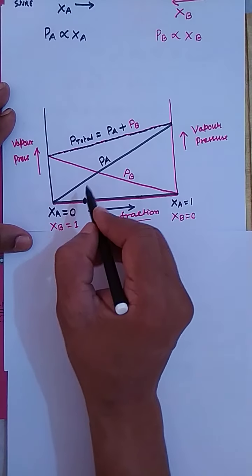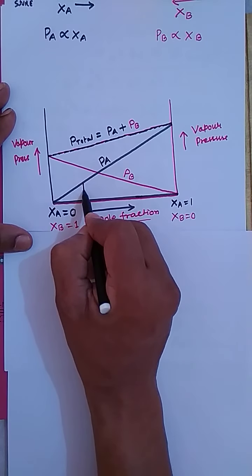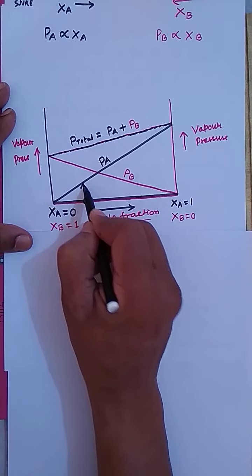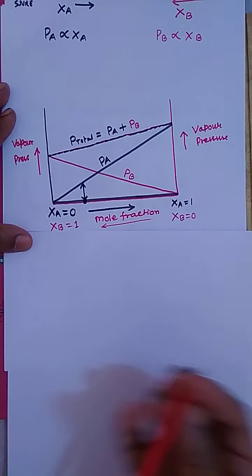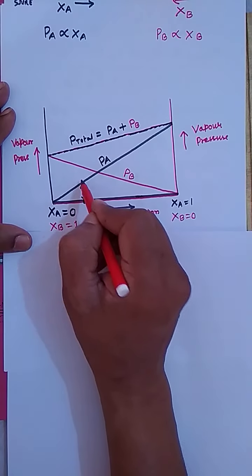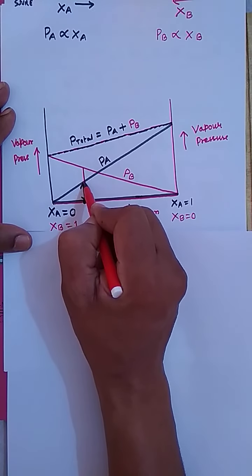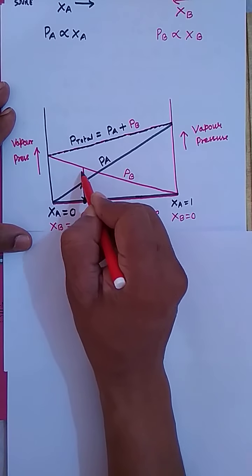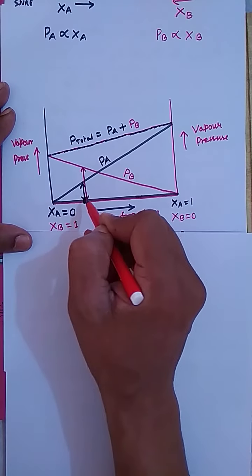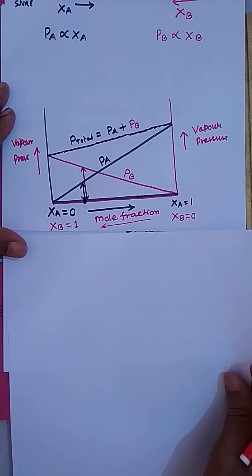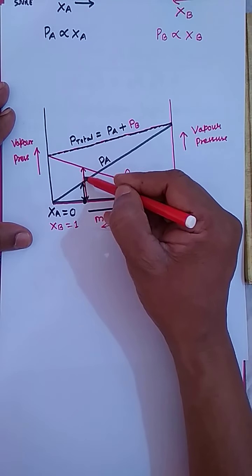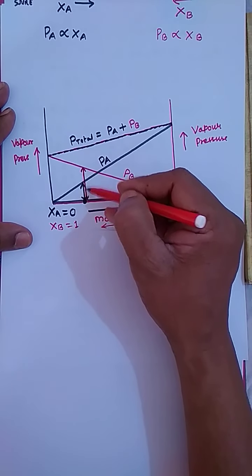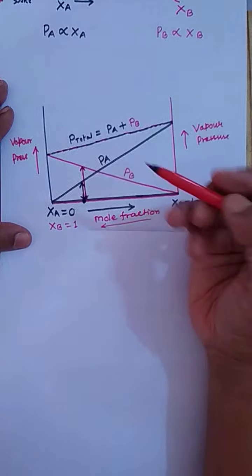So the vapor pressure by component A is this one, and at this point the vapor pressure by component B is this much. If you calculate the total vapor pressure, definitely this quantity plus this quantity gives the value of total vapor pressure.